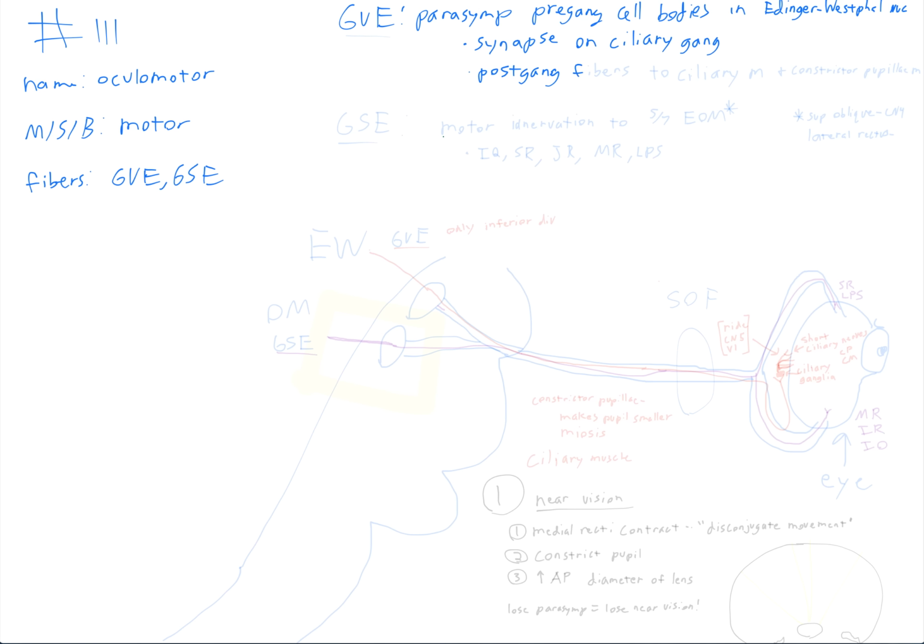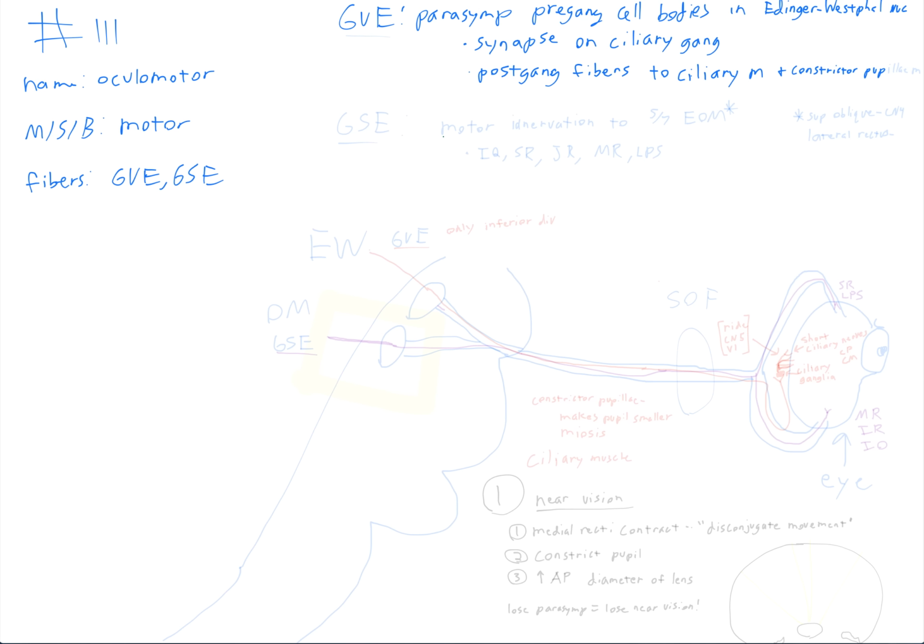It does not do the superior oblique, and it does not do the lateral rectus. The superior oblique is done by which cranial nerve? Good. And the lateral rectus is done by 6. Some people will remember the little phrase SO4 and LR6. So that means that oculomotor is doing the other 5.